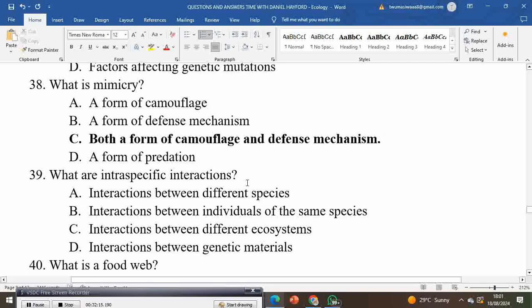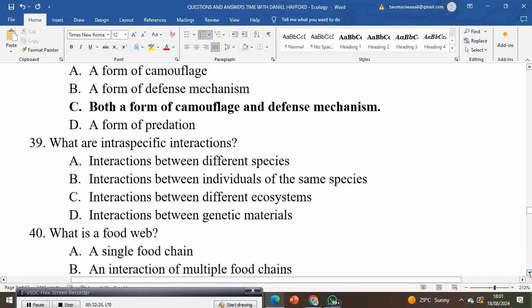Now, question number 39. What are intraspecific interactions? The first one is interactions between different species. B, interaction between individuals of the same species. C, interaction between different ecosystems.